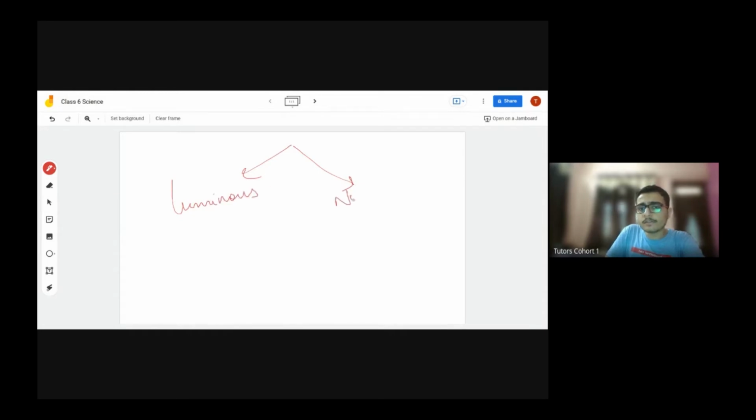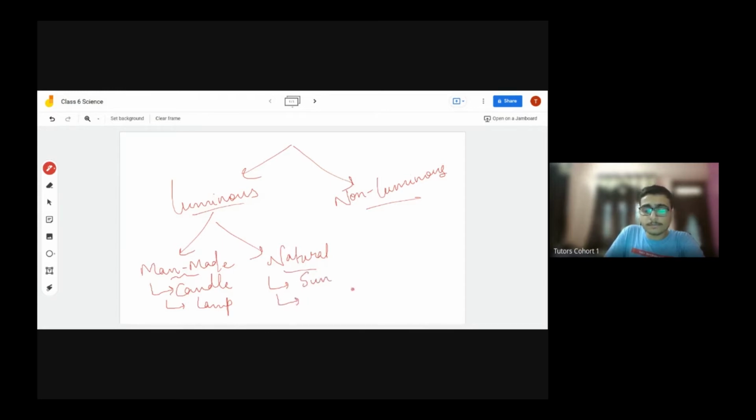Okay. So as I said, there can be two types of objects, luminous and non-luminous. Luminous objects can be either man-made or natural. Natural means not created by humans, and man-made means created by humans. Man-made luminous objects can be a candle or a lamp. Natural ones can be the sun or a firefly.